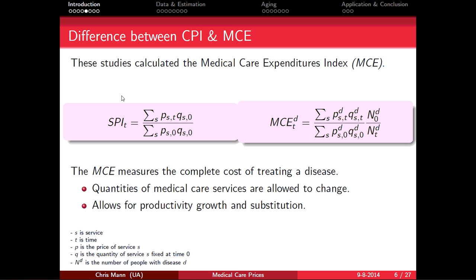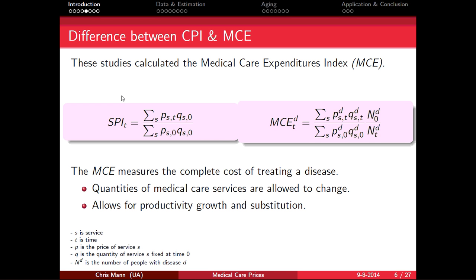And so the way the MCE works is instead they look at the cost of treating a disease. So instead, they keep the quantity of diseases from period to period fixed, right? And instead look and see, okay, well, what is the average cost of treating, say, a heart attack in 2005 versus the average cost of treating a heart attack in, say, 2004.